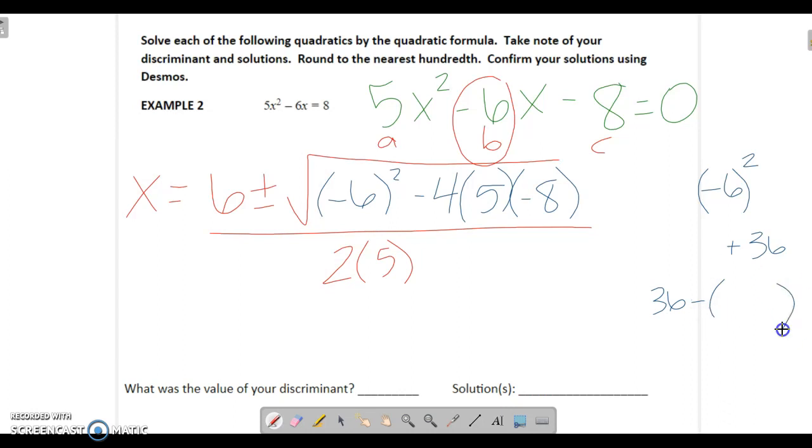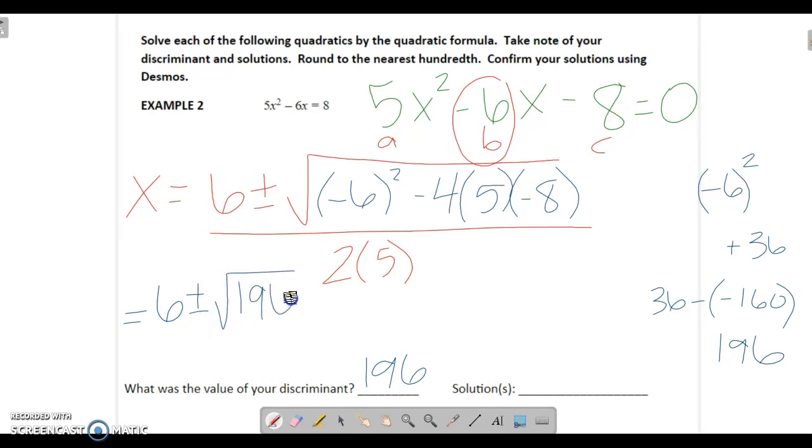So what is 4 times 5 times negative 8? Well, 4 times 5, that's 20, times negative 8 is going to be negative 160. So you're doing 36 minus negative 160, which is the same thing as 36 plus 160. So our discriminant is actually 196. So our answers are 6 plus or minus the square root of 196.